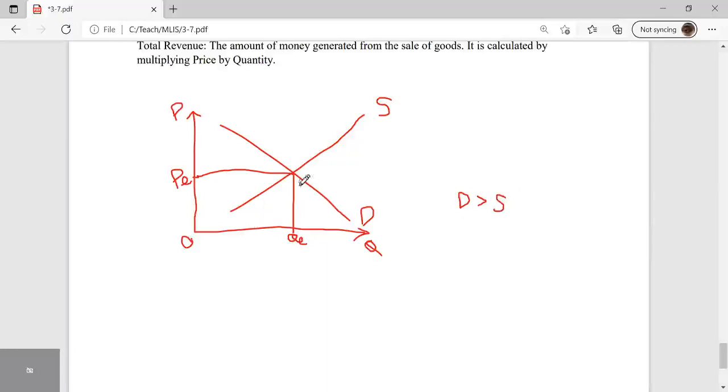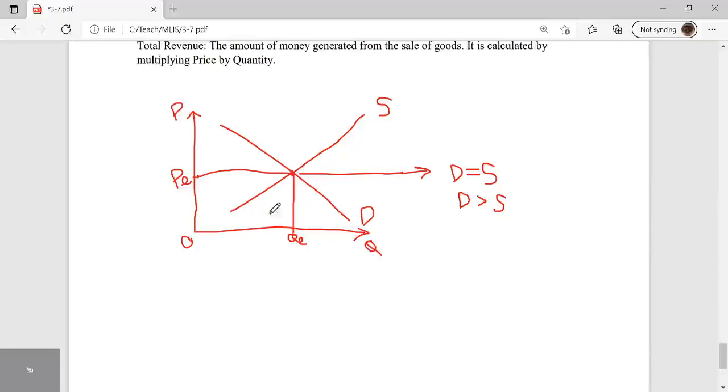So let's observe this position, this equilibrium point. What is this point? This point is where demand is equal to supply. And now we'll be talking about excess demand.